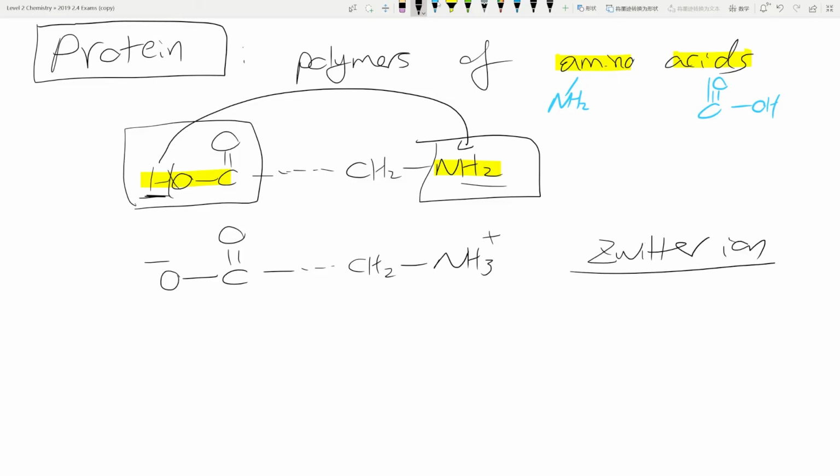This is what we call a Zwitterion, which is very stable and has a very high melting point, because they've already donated and accepted protons, so they've kind of lost their acidic or alkaline properties.